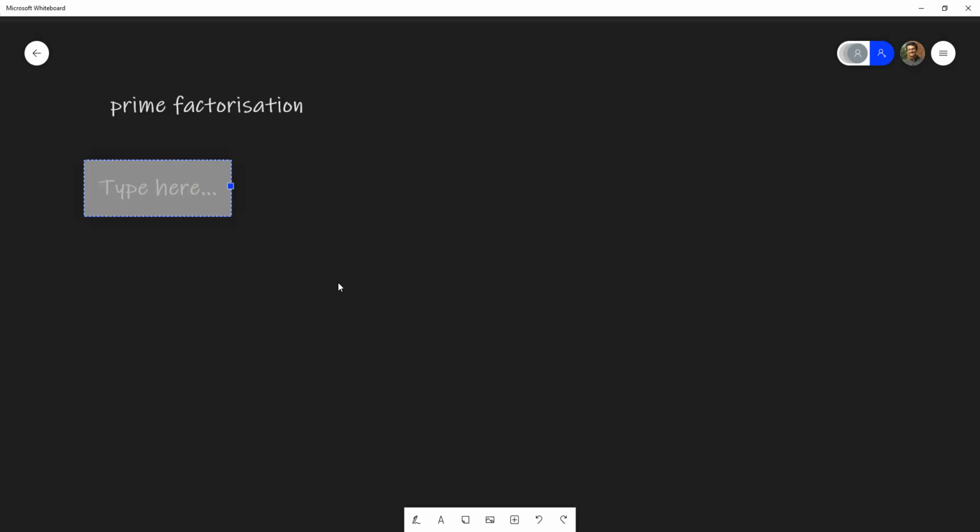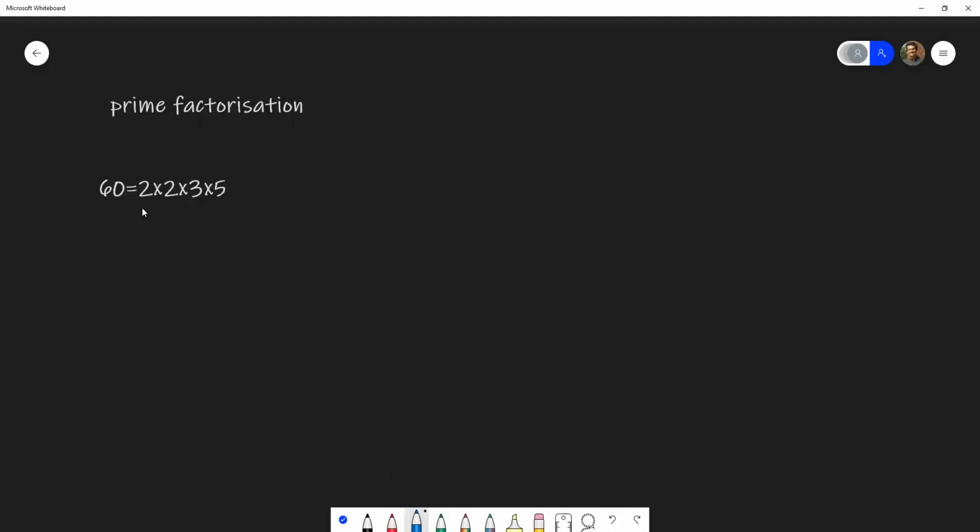Let me give you an example, like 60. With the prime factorization, we can write 2 times 2 times 3 times 5. I copied it from the book. 2 times 2 is 4.